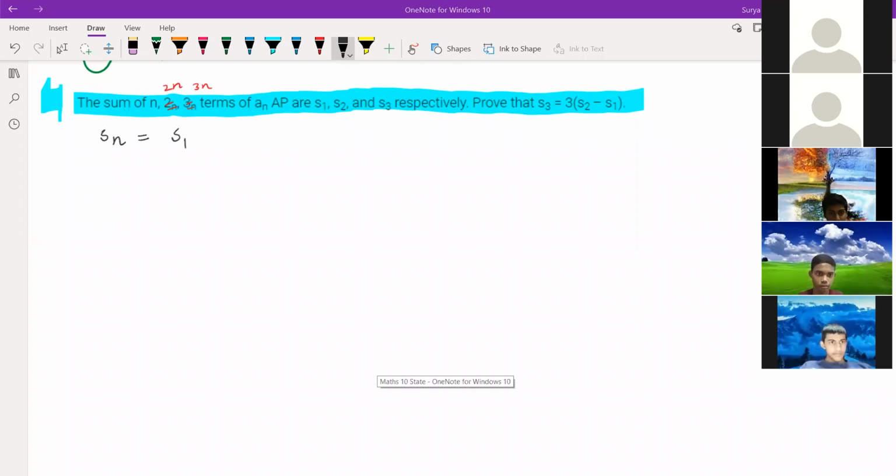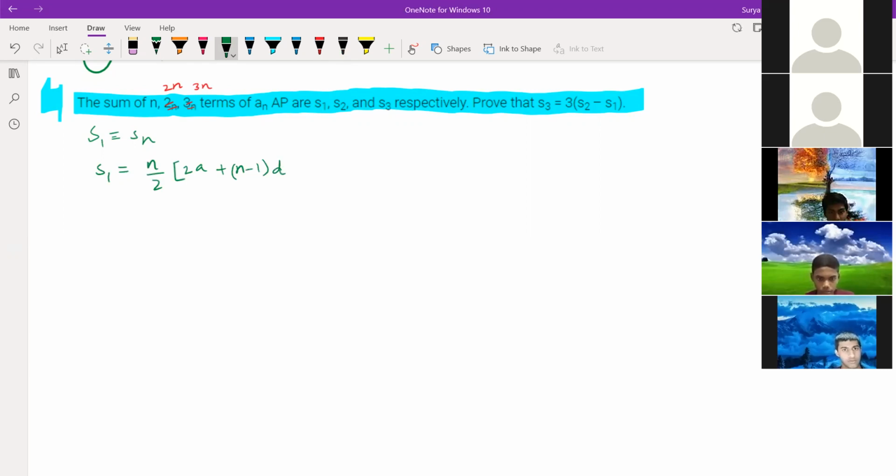So if you want to write S1, you can write S1 is equal to Sn, which is n by 2 into 2a plus n minus 1 into d. This is the first equation, correct?